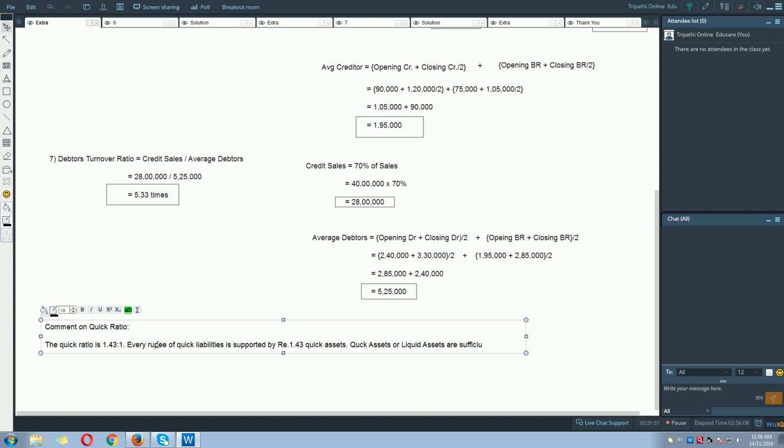Liquid assets are sufficient to pay quick liabilities.